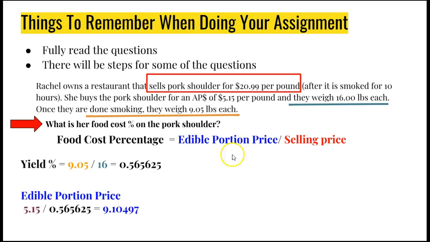Now I can figure out what my edible portion price is. I know that I bought this at an as purchased price of $5.15 per pound. And my yield is 0.565625. So I divide the $5.15 by the 0.565625, and I get 9.10497. Now I can answer my question.